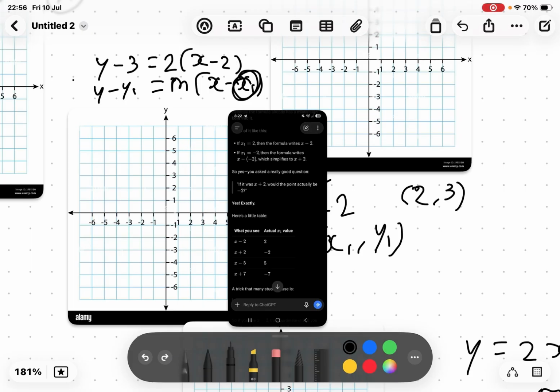If x1 equals, then the formula writes it, which simply is, yes. So basically just switch them.